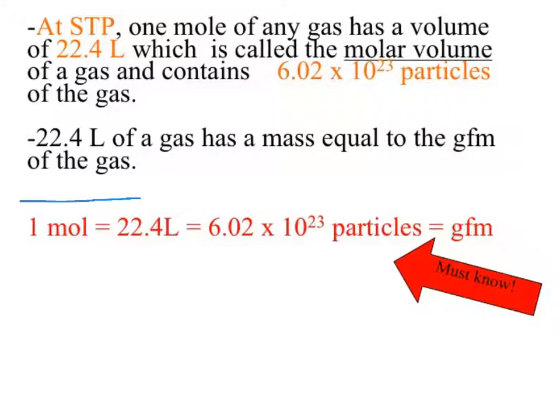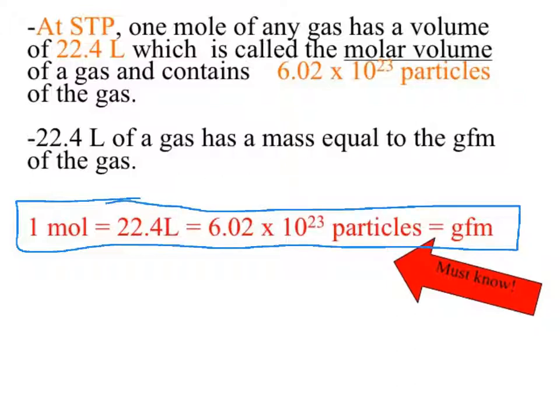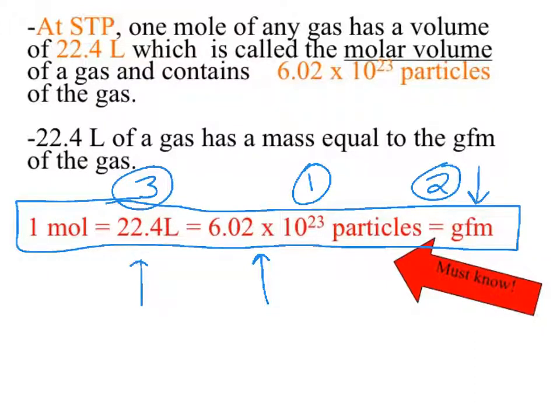So that mole diagram that you have shows the relationship. 1 mole equals the molar volume of a gas, the representative particles, Avogadro's number, and also this gram formula mass that we've learned. So we have 3 conversions. This was the first one that we learned, and then the gram formula mass was 2, and then we're finally stepping into this third conversion factor.